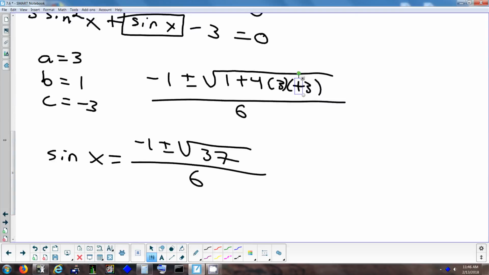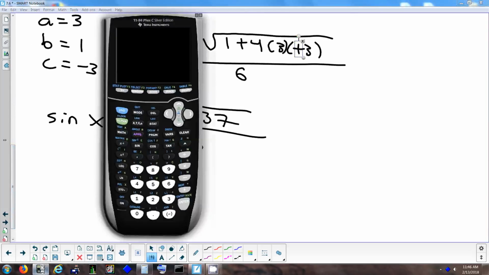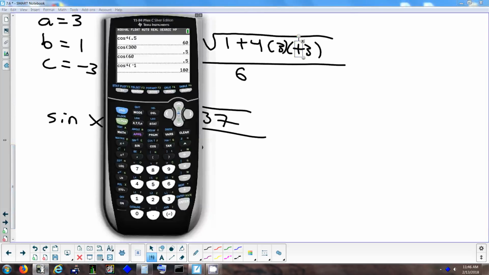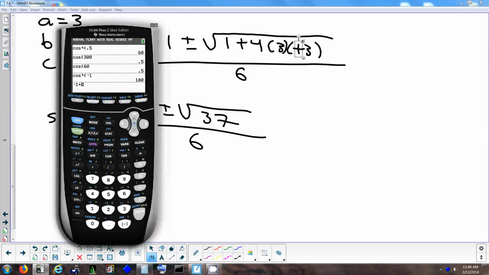What I want to do to make this easier is find the decimals. That's going to be a lot easier. How many answers does this represent right here? 2, plus and minus. So just type it in: -1 plus the square root of 37, and then divide by 6.